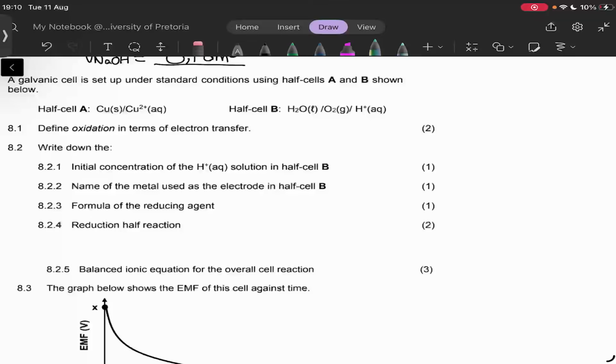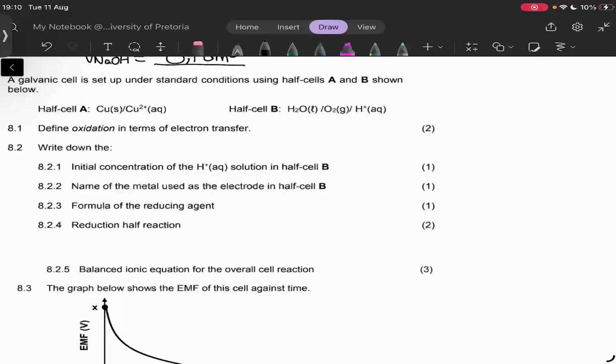It is 25 degrees Celsius as the temperature, a pressure of 1 atmosphere, not 1 kilopascal, sorry, and a concentration of 1 mole per decimeter cubed of the electrolytes. Yes, that is indeed correct. So let's now move onwards.